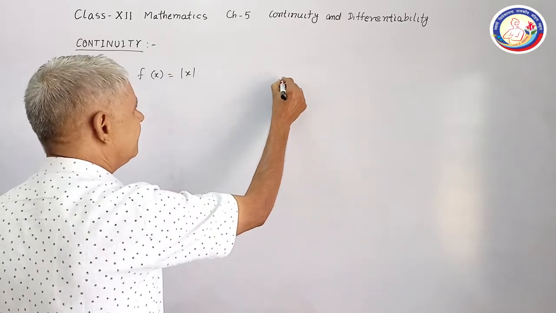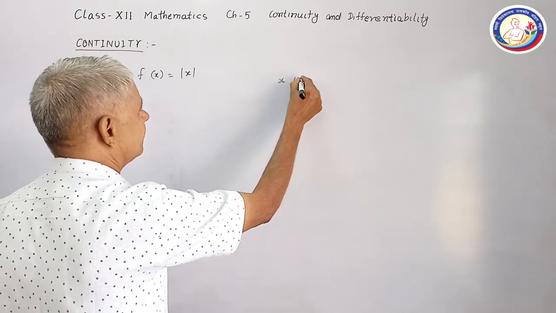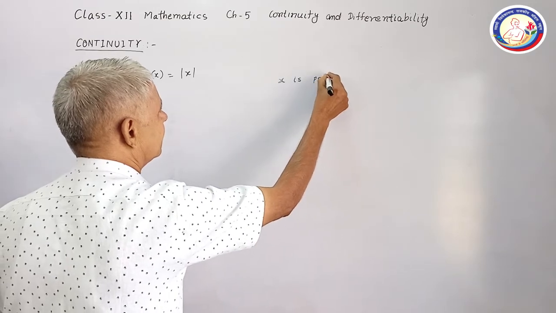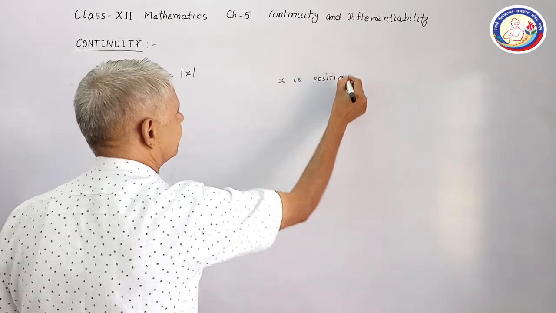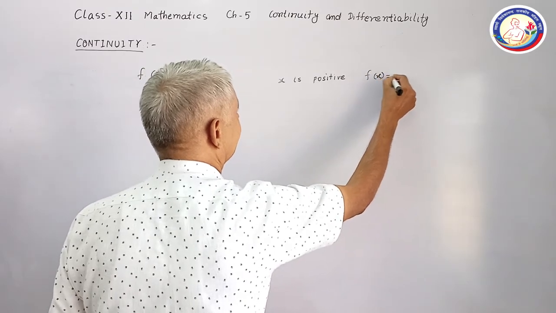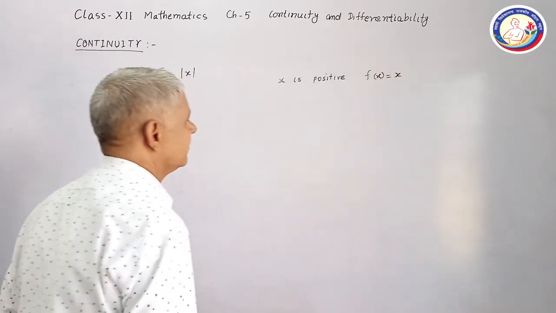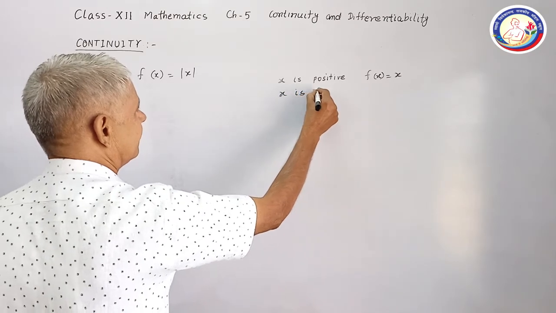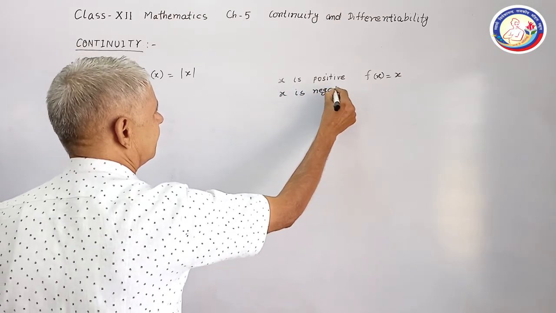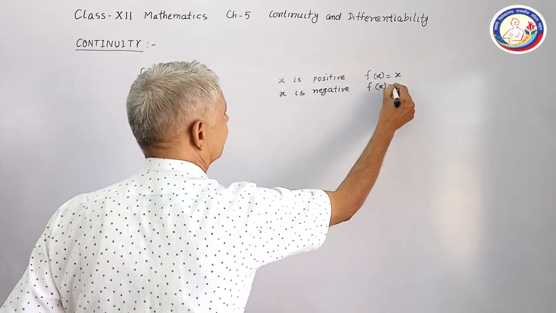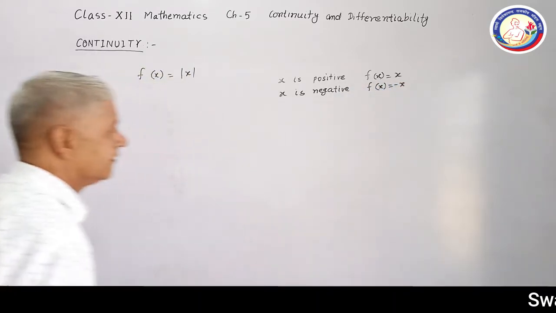When x is positive, f(x) equals x, and when x is negative, f(x) equals minus x.